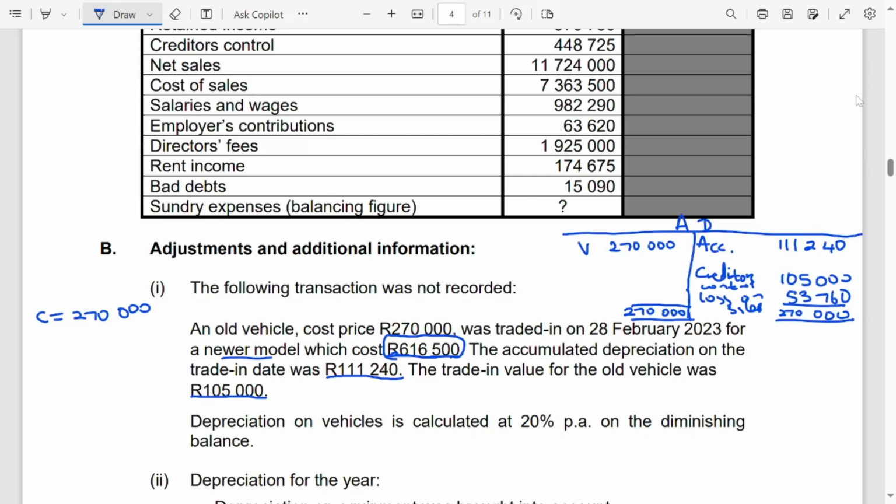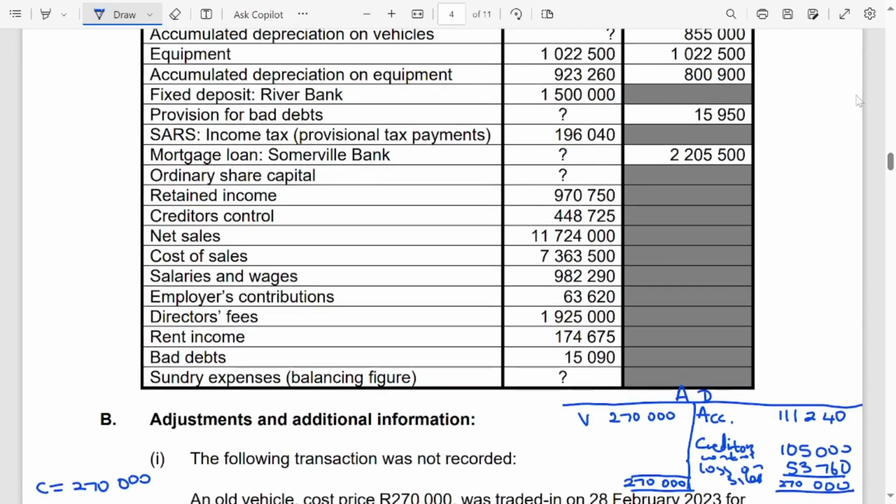So it's going to be 616,500 minus 111,240, that is going to be 505,260. That is the amount that is going to be shown under creditors' control.